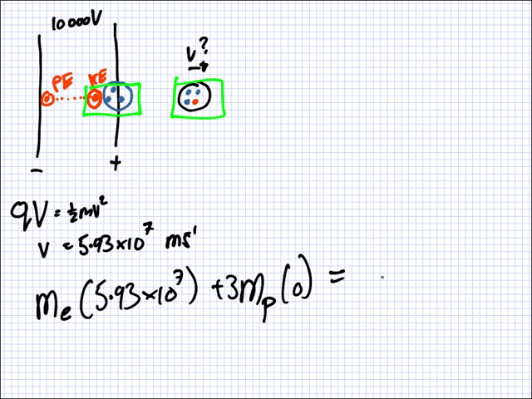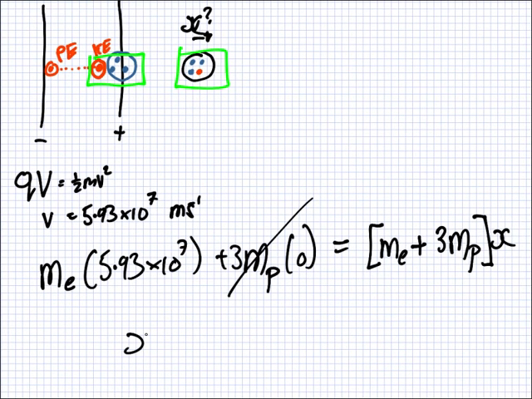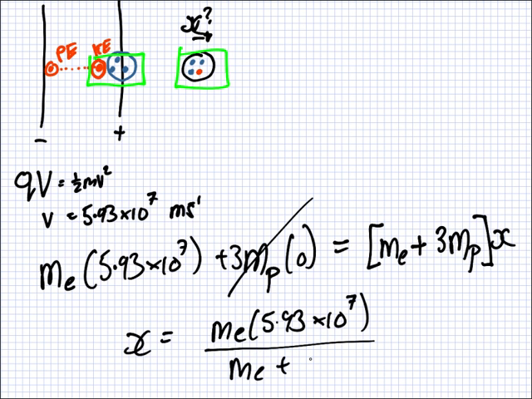That equals the mass of the electron plus the mass of the protons times, and we'll call this speed here x. And I'm looking for x. Okay? So that's gone. And I get x equals 5.93 times 10 to the 7 over the mass of the electron plus 3 times the mass of the proton.